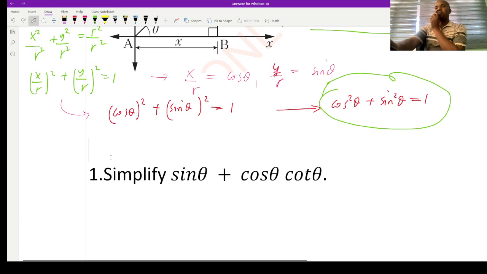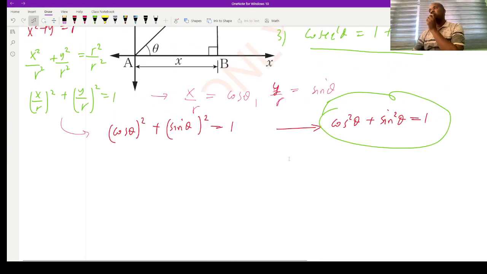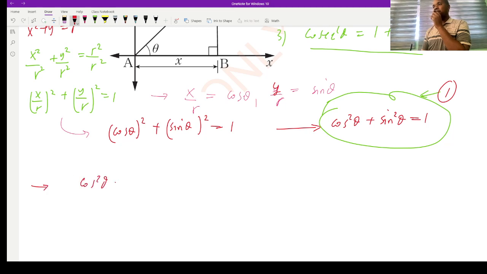So by using the first identity, we are going to derive the other identities. You can note this as identity number 1. Noting that is identity number 1, I'll be taking now identity number 1, that is cos square theta plus sine square theta equals 1.